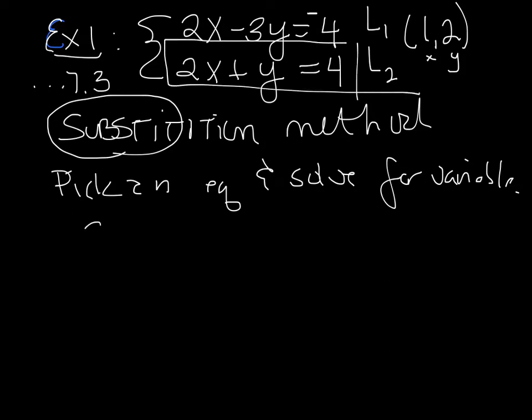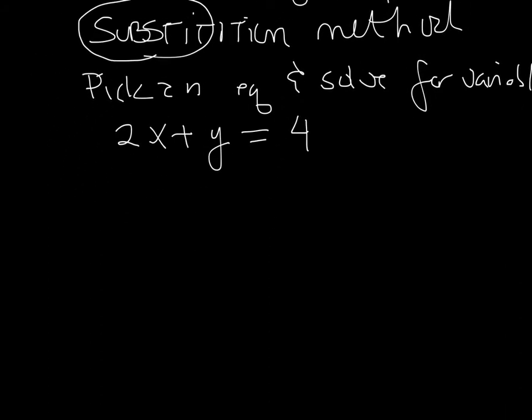Okay, so I'm going to write my equation down. Let me just move this up. Okay, so I'm going to solve for a variable. Now, because my coefficient in y is 1, I'm going to solve for y just because it's a little bit easier. If you want to solve for x, that's fine as well. It's not going to be wrong.